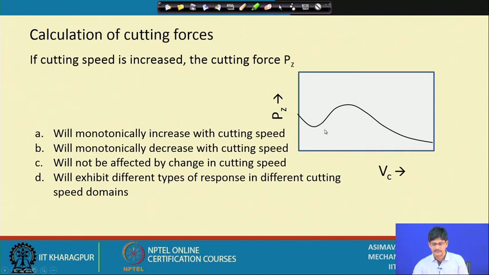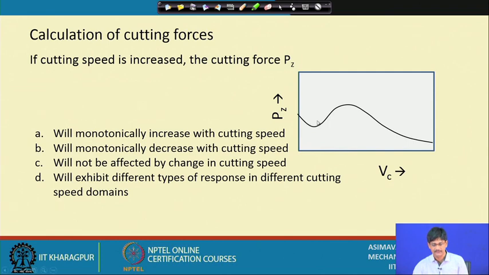This is the typical response of Pz with respect to Vc, cutting speed and the main cutting force. When the velocity is very low, we find a higher value at static friction. As gradually the speed increases, the cutting force goes down, because of the change from static friction to dynamic friction.